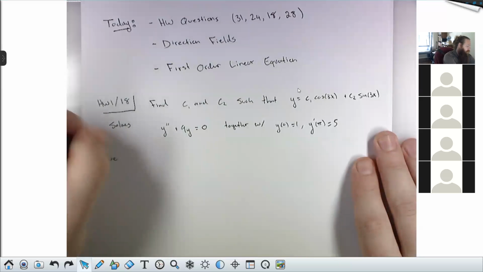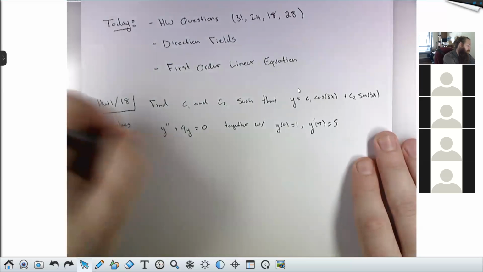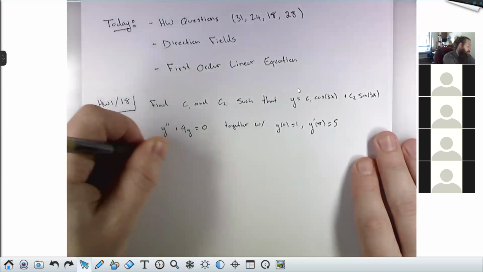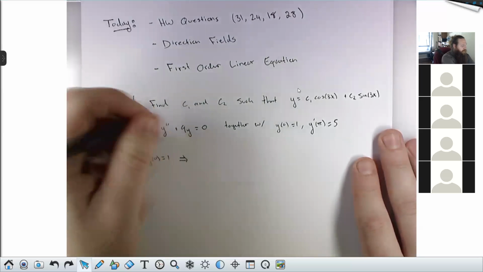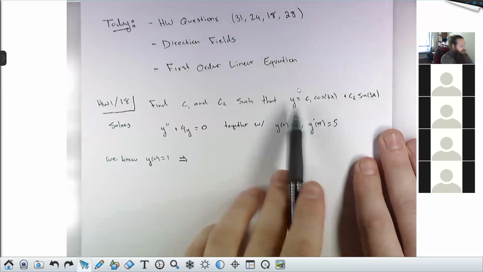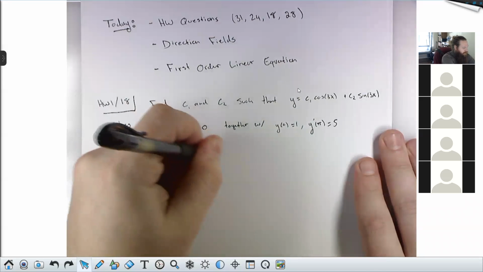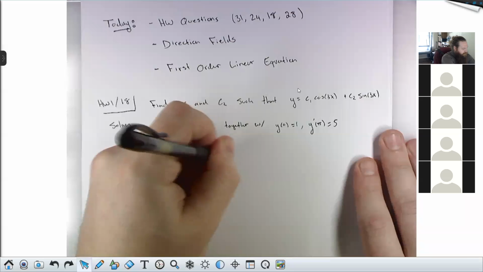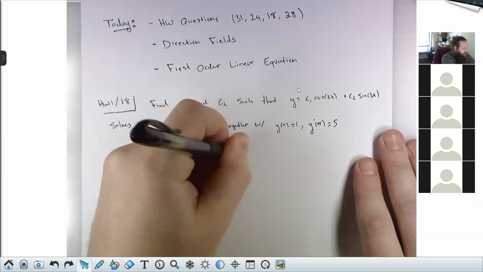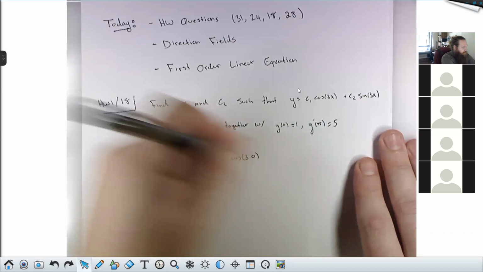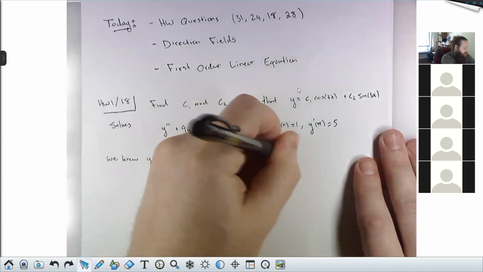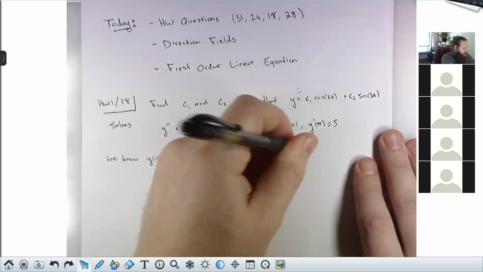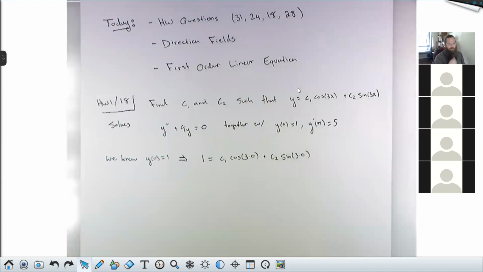We know y of 0 is supposed to be 1. And that implies that when you plug in 0 for x, this should be 1. So I have 1 is equal to C1 times the cos of 3 times 0 plus C2 times the sine of 3 times 0. 3 times 0 is 0.